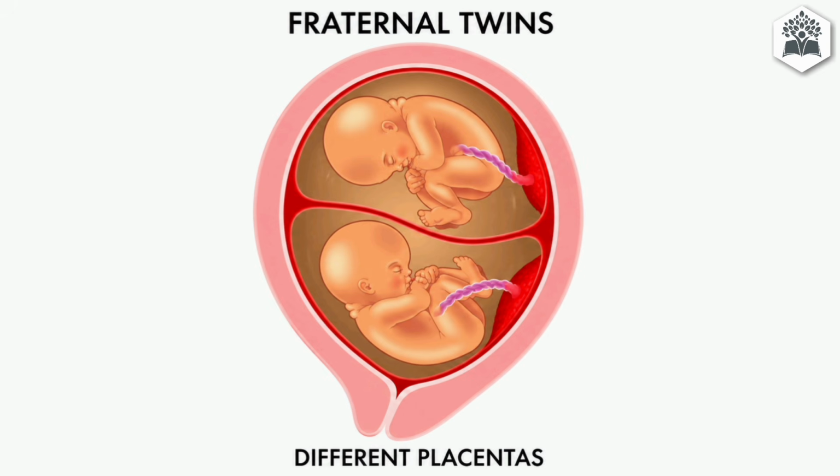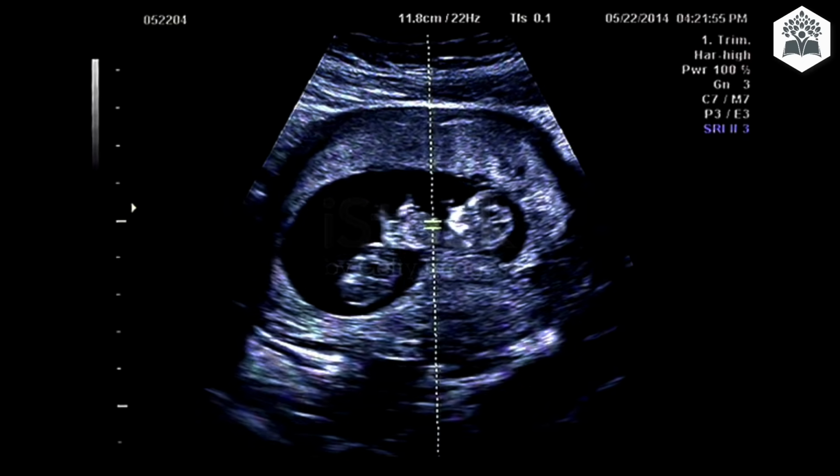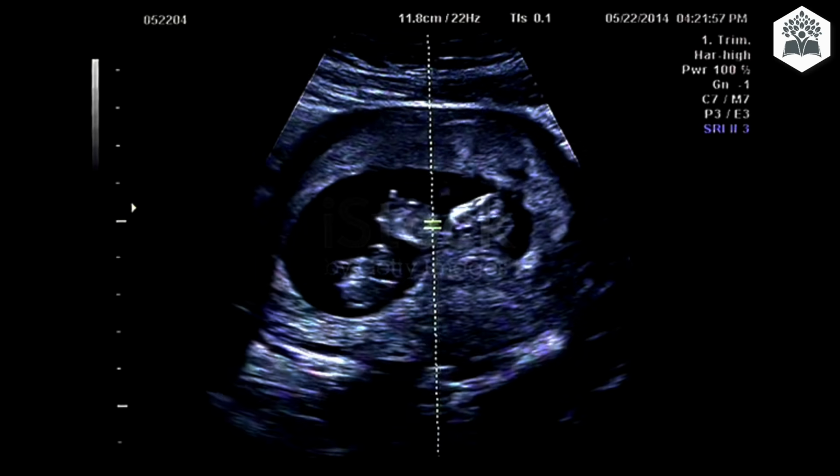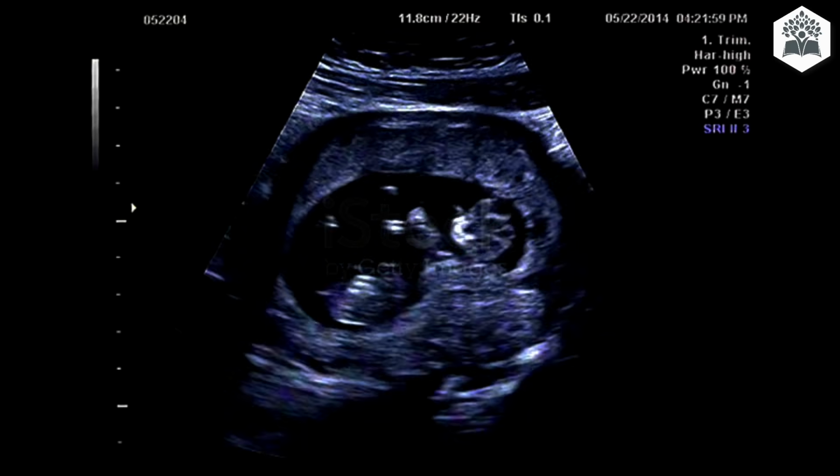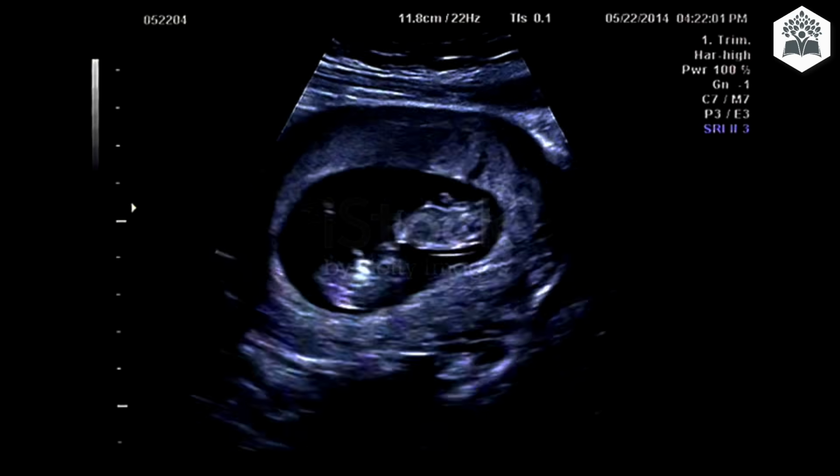Fraternal twins, on the other hand, usually develop from two separate fertilized eggs and generally have separate amniotic sacs and separate placentas, although the placentas can sometimes appear fused because they are growing close together. This is why doctors use ultrasound scans to examine the babies, their placentas, and their membranes.